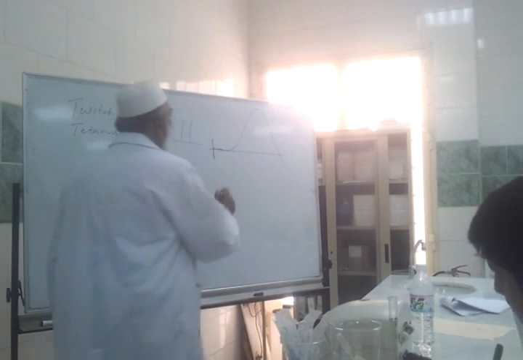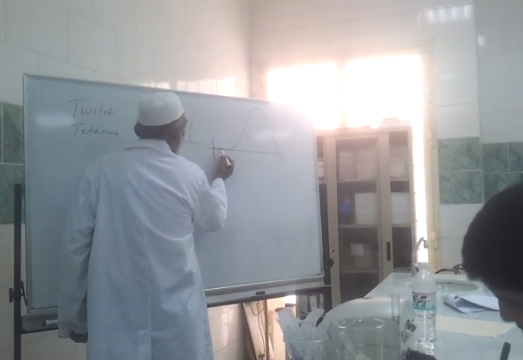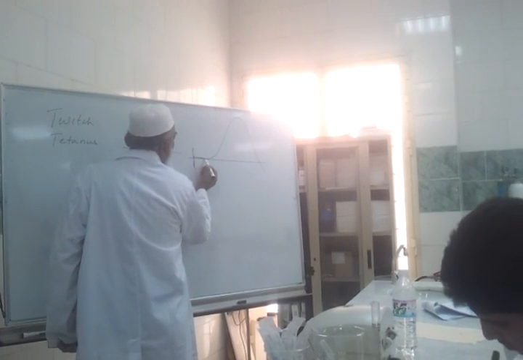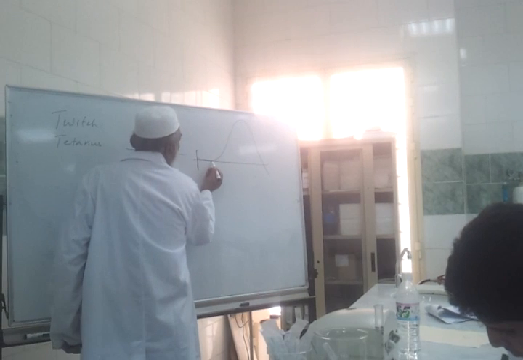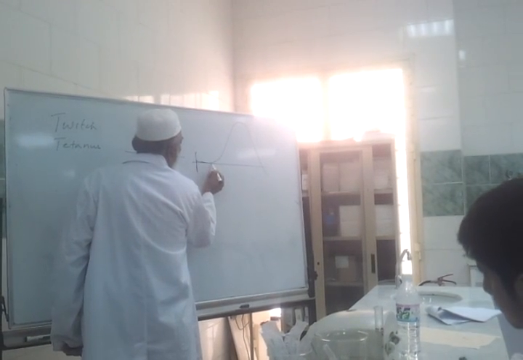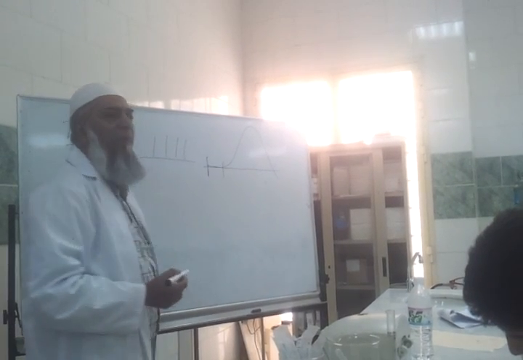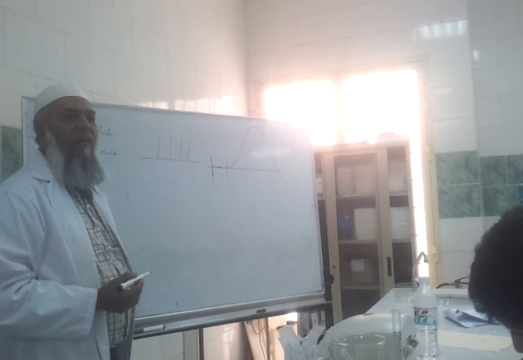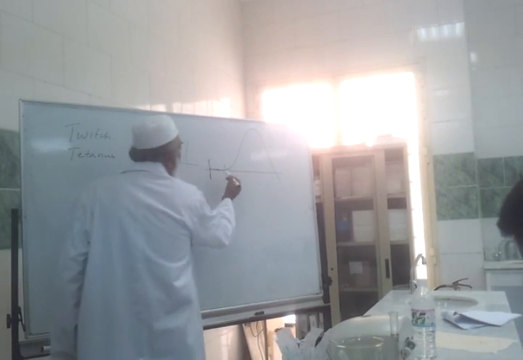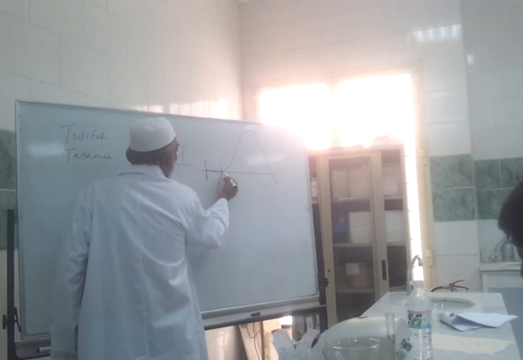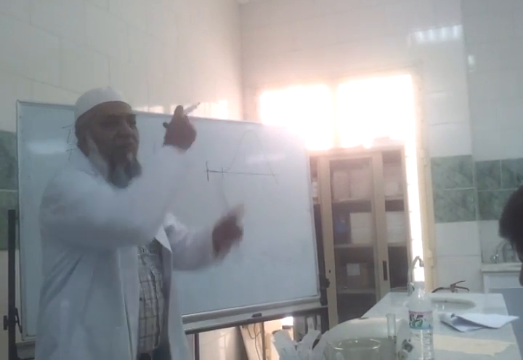Now here you can see that when you mark the baseline, initially the curve runs along the baseline till this point. At this point, the curve starts separating from the baseline, because it is now going up.